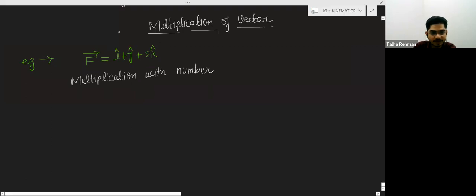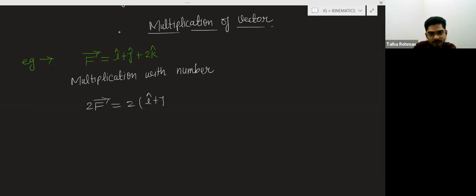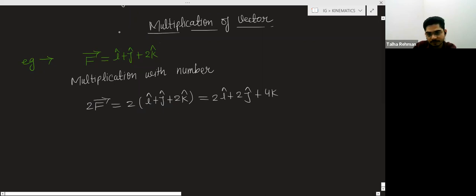Suppose I have multiplied 2 with F. So the resultant vector will be 2 times i cap plus j cap plus 2k cap. Finally, it will become 2i cap plus 2j cap plus 4k cap.